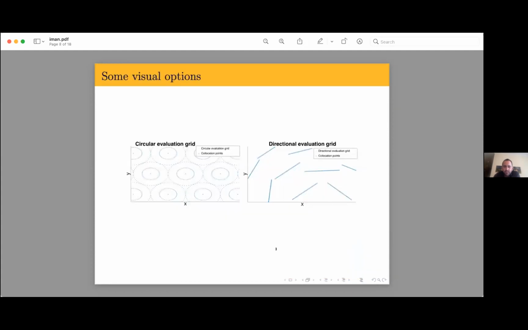Now, as I said, there are two grids we need to construct. I'm giving you some visual input here, maybe to clarify that. We have all these red little points. Those are the collocation points. And then all these blue points are the evaluation points. In version 1 of our code, we had different options to evaluate the function. We used circular and directional.